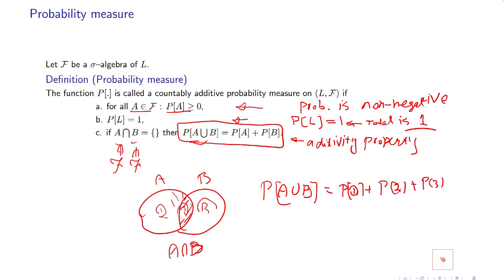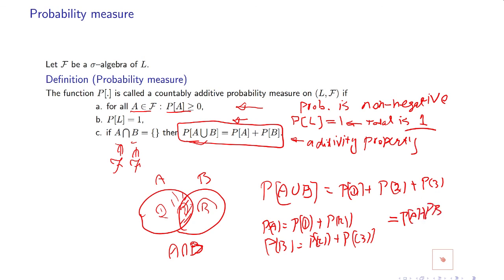Now, the probability of A is equal to the probability of part 1 plus the probability of part 2, and the probability of B is the probability of part 2 plus the probability of part 3. From here, you could conclude that the probability of the union, if they are not disjoint, is the probability of A plus the probability of B minus the probability of A intersection B.